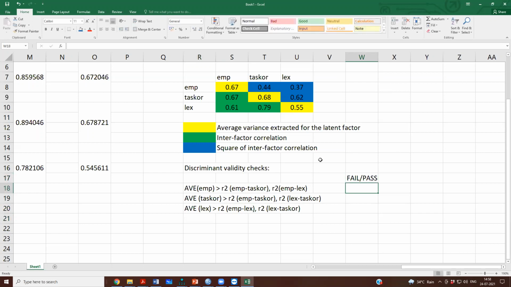Now, the first condition, AVE of EMP is 0.67, it is greater than 0.44, it is greater than 0.37. So this condition passes. The second one, AVE of task orientation, 0.68, should be greater than R square of EMP with task orientation, which is 0.44, and R square of LEX with task orientation, which is 0.62.